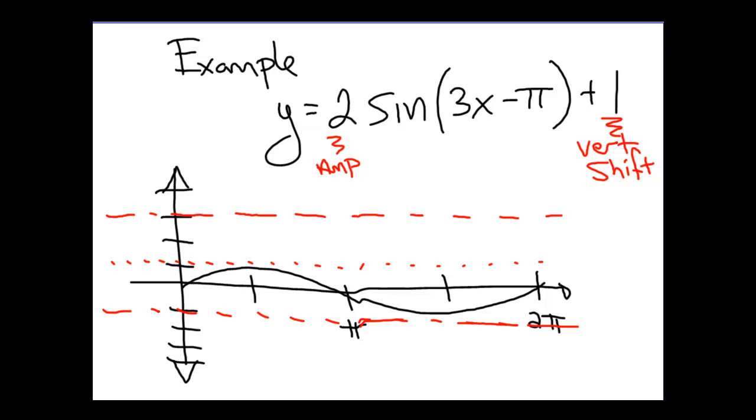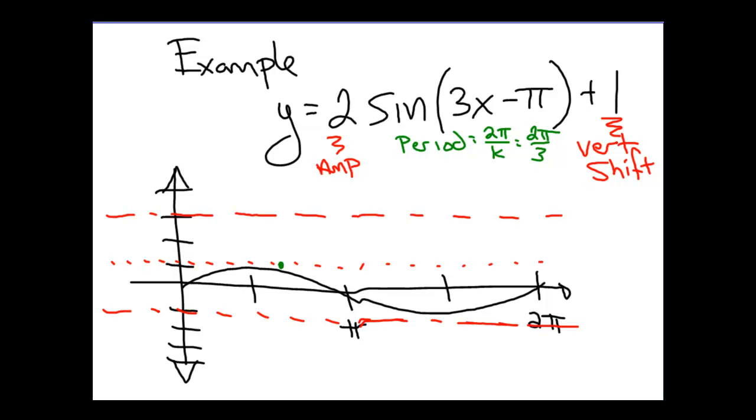What we need to do now is come up with more specific values of the shape, and that's a result of determining what the period is and determining what the phase shift is. So my period in this particular case is 2 pi over k. In this particular case, that will be 2 pi over 3. Now 2 pi over 3 is not a value that is clearly marked on my graph yet, so we need to take and look at this.